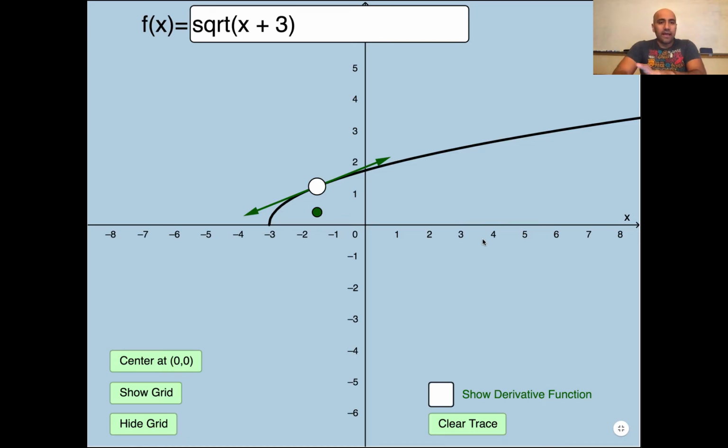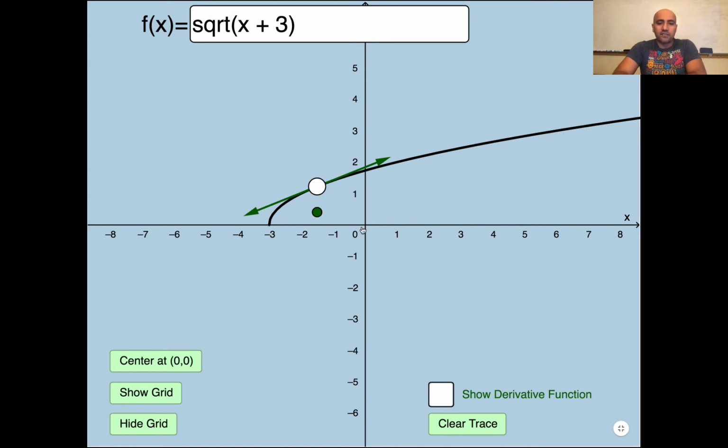Okay, coming back to this app, I've punched in here our function value. It was the square root of x plus 3. So in this applet, we have to type in sqrt to represent the square root. So the square root of x plus 3 was our original function. Here it is in black. That's what it looks like.